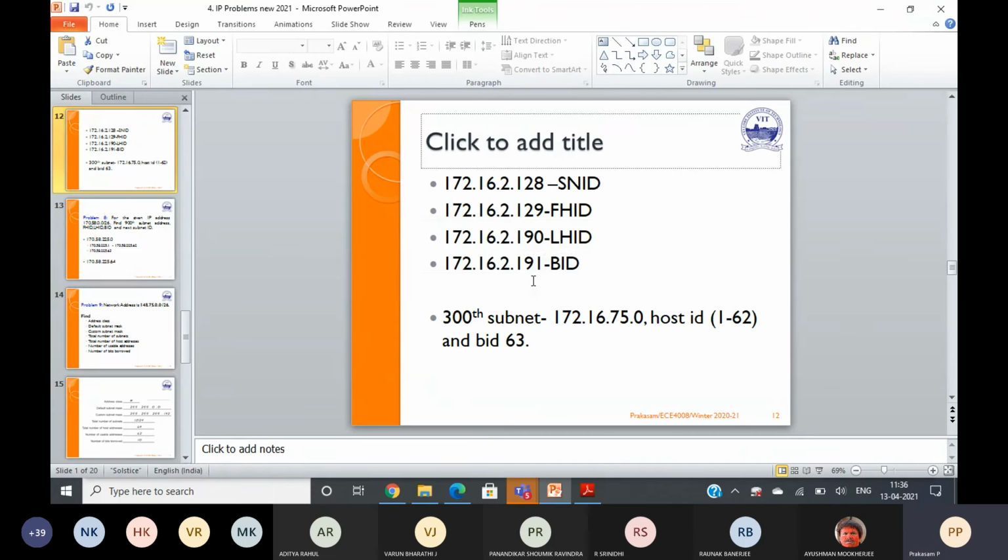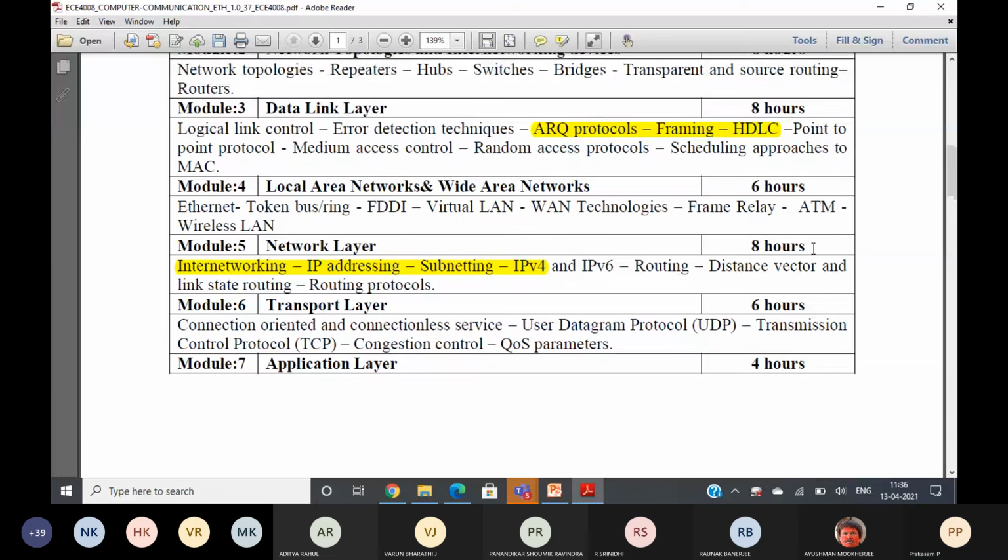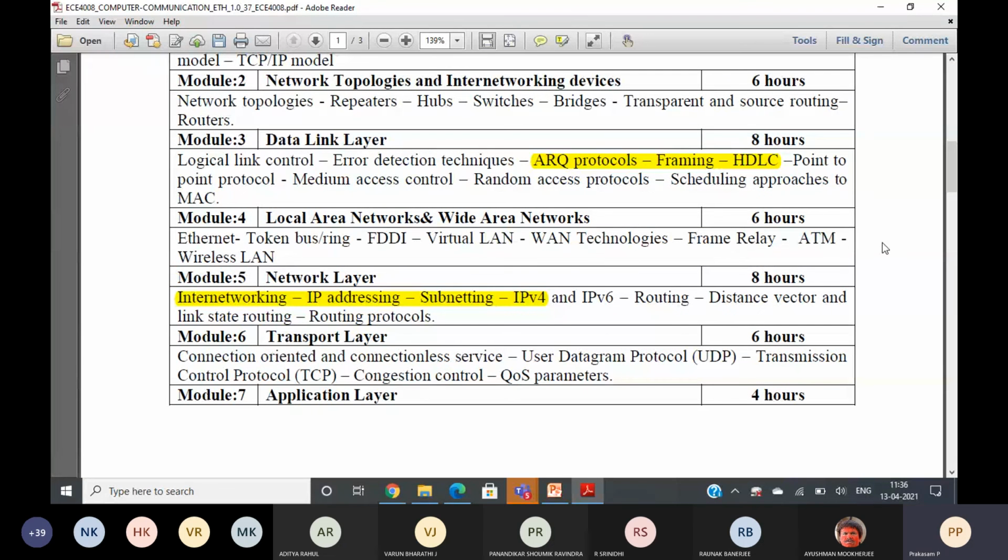I think a few members asked what the portion is for CAT2. Kindly see the highlighted parts. ARQ protocols: stop and wait, leave it; only go back N as well as selective repeat. Then framing, HDLC. Module 5, internetworking: IP addressing, subnetting, IPv4.